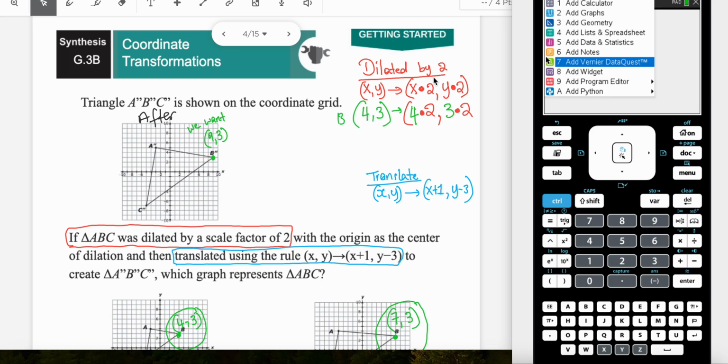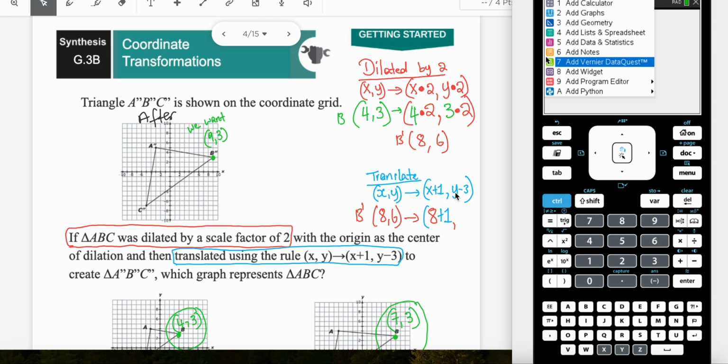So when we do that, our B prime becomes, what is 4 times 2? 8. What is 3 times 2? 6. So that's our B prime. Now we take our B prime, which is 8, comma 6, and translate it using the rule they have given us. We take the x value, which is 8, and add 1, then comma.